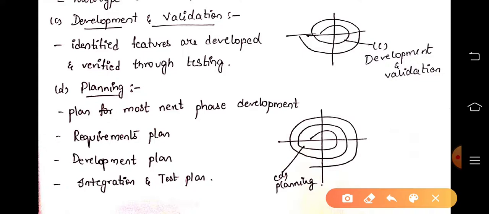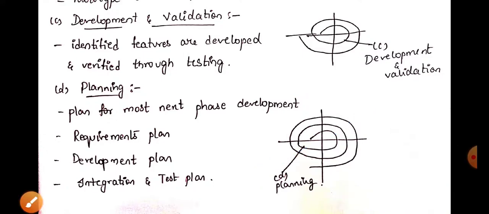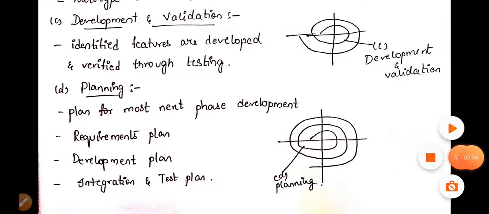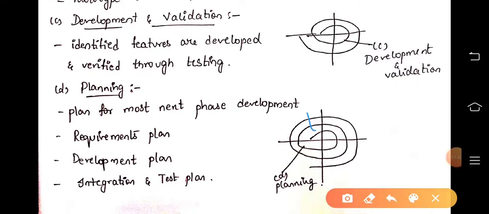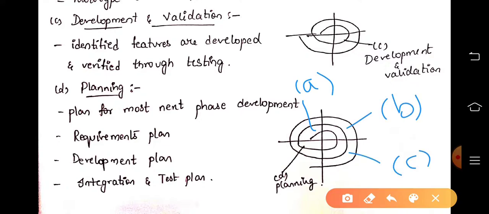See here in this diagram, we have completed first the objectives, nothing but requirements gathering, and then we completed our risk analysis, and then development and validation.